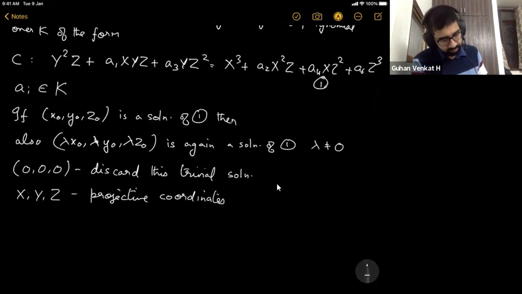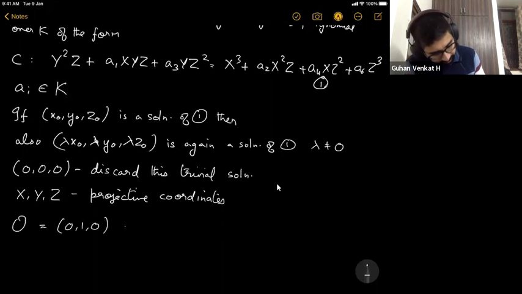Another interesting point on this curve, let me call this O, is given by the coordinates (0, 1, 0). It's called the point at infinity of the curve C.